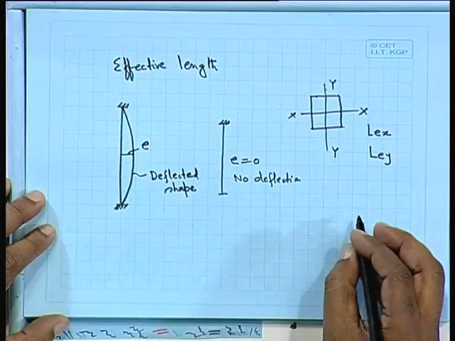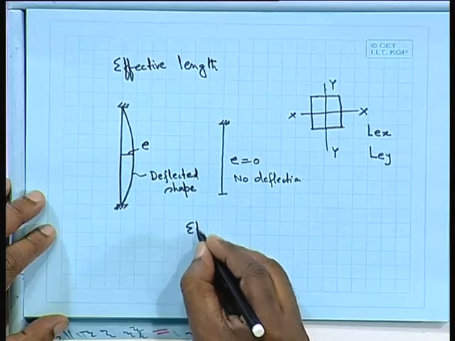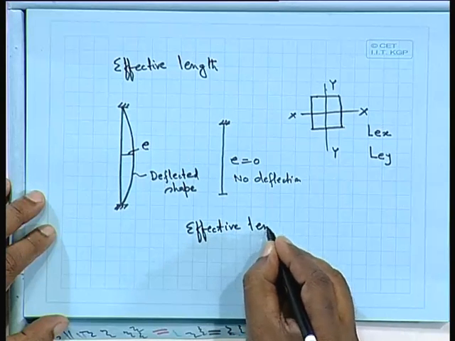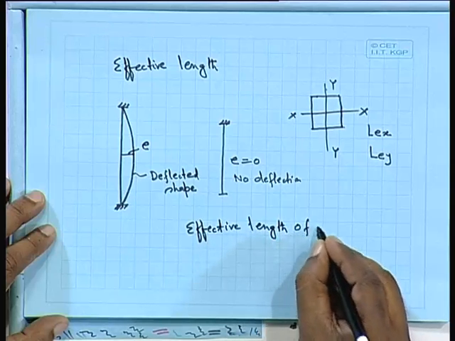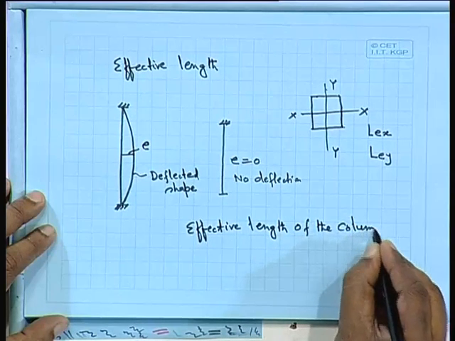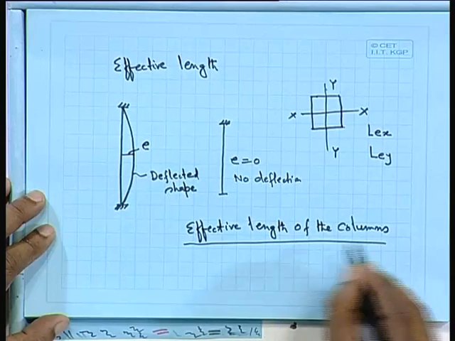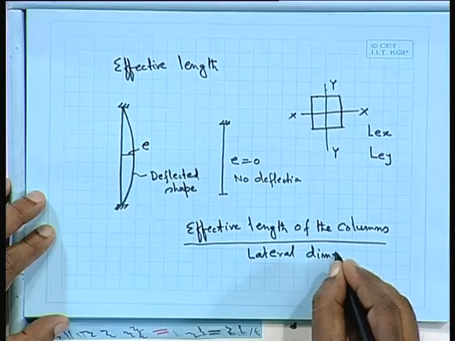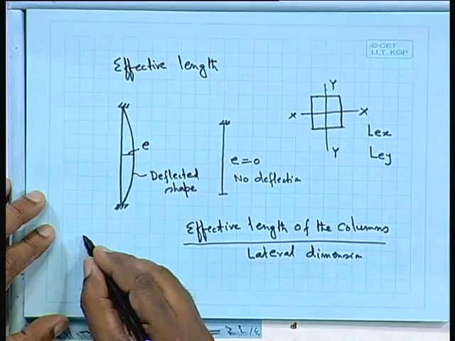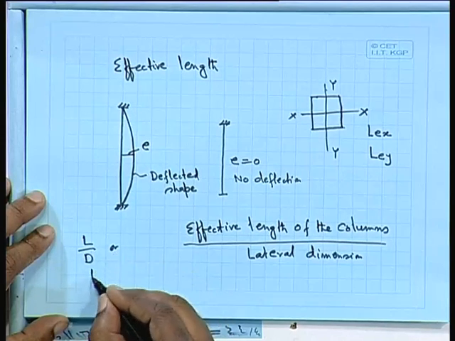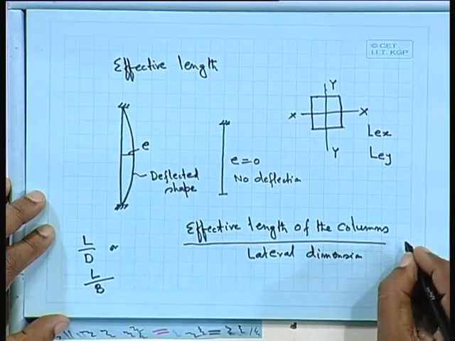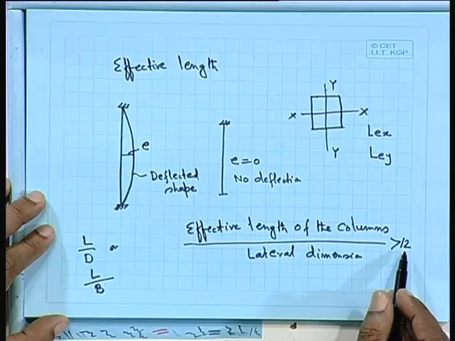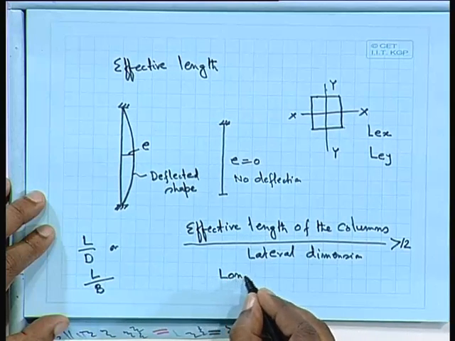And so, we know that according to IS 456, the effective length of the column divided by the lateral dimension, that means L by D or L by B, if it is greater than 12, then we shall call it a long column or slender column.